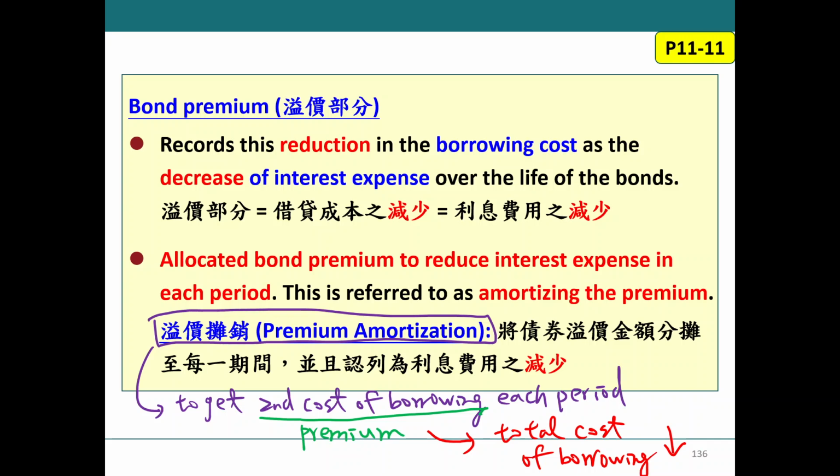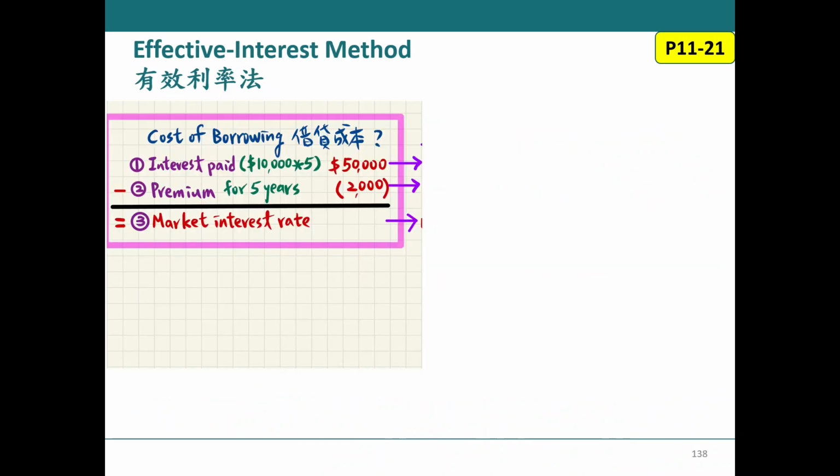No problem? Okay, so let's look at effective interest method, 有效利率法, trying to find out your second cost of borrowing for each period. So on your slide 138, again, based on your first cost of borrowing, right?